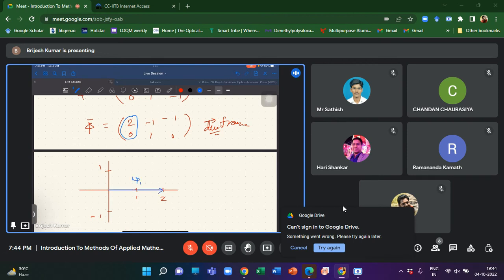This is our phi 1 now. And this will be minus 1 comma 1, phi 2, it will go somewhere here. And this minus 1 comma 0 will go to this one. So this will be phi 2 and this will be phi 3. So this will be the dual frame.